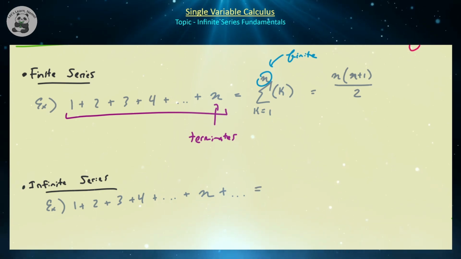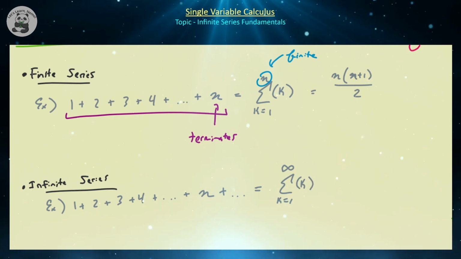We would write this as the sum from k equal to 1 to infinity, i.e. we will sum forever and ever, indexing with that variable k. If we were to define this in terms of a finite series, the only practical difference in these notations is that this is now an infinite quantity or an infinite idea.